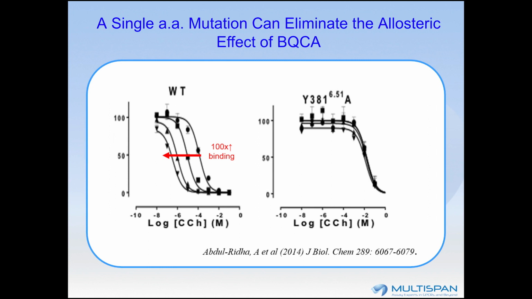And so we see a wild type effect, a leftward shift of the concentration response curve. Such effects might be proposed to be useful in cognition for schizophrenia. However, as you see on the panel on the right, a single amino acid substitution completely destroys this activity. So it shows it's every bit as sensitive to differences in amino acid composition as the orthosteric site.